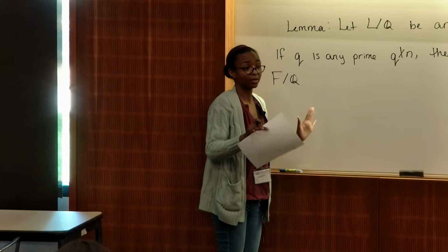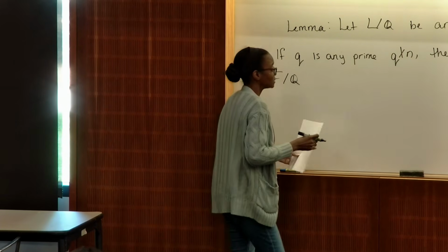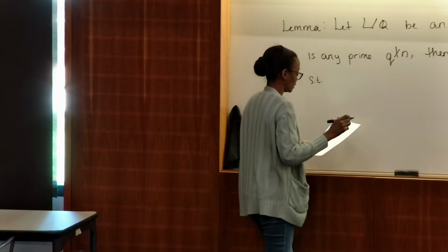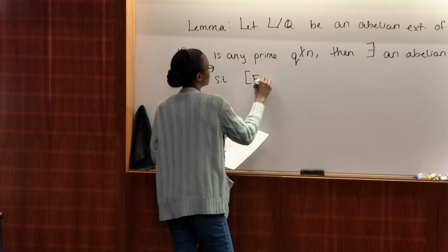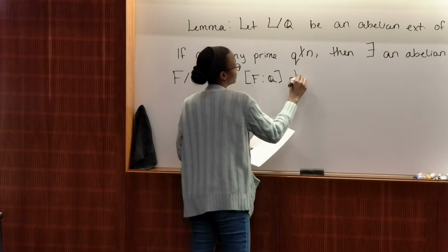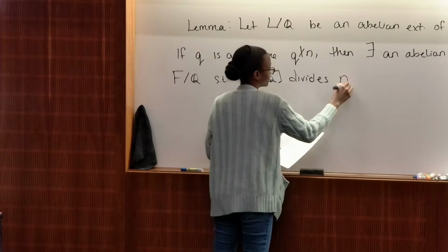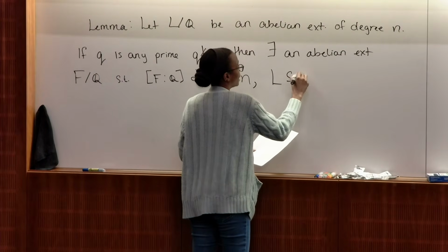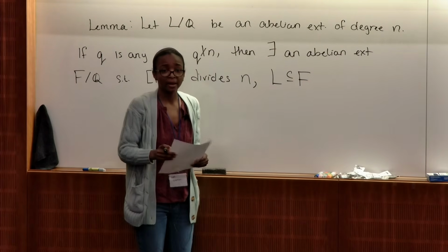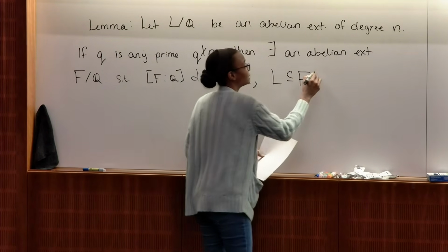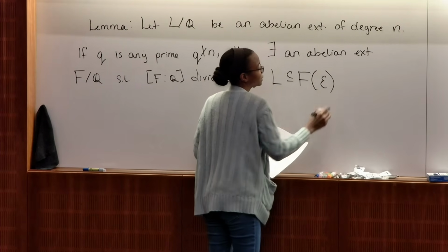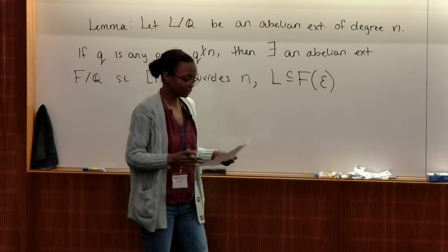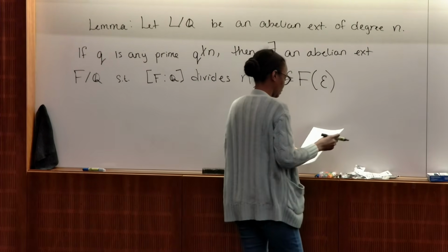It is just another incidental extension. But it has a few special properties. The degree of this extension divides n. L need not contain F, and it need not be contained in F, but it is contained in F adjoin epsilon, which is still a root of unity, in this case a qth root of unity.